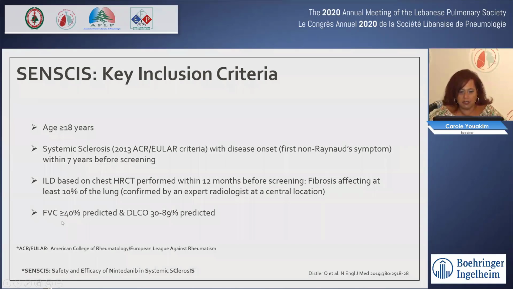FVC at least 40% predicted, DLCO 30 to 89% predicted. So you can clearly see that inclusion criteria reflected our clinical practice.